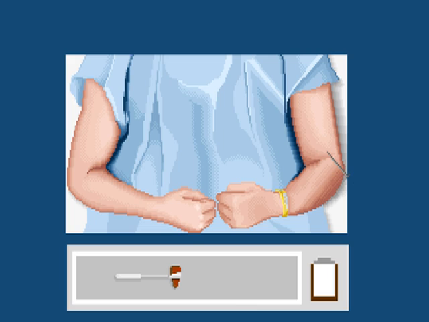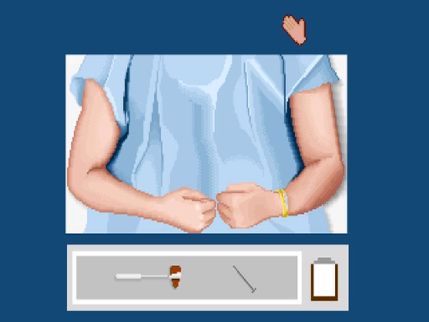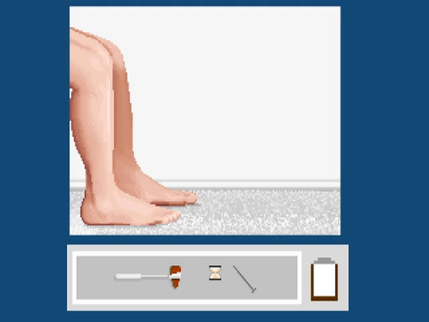Nothing here. Sounds like a problem. I'm not sure how to test the weakness. How do you test the weakness? Well, I don't know how you test the weakness, but it's okay.